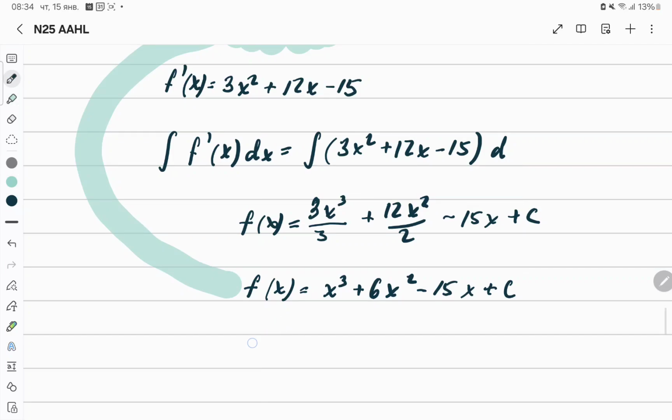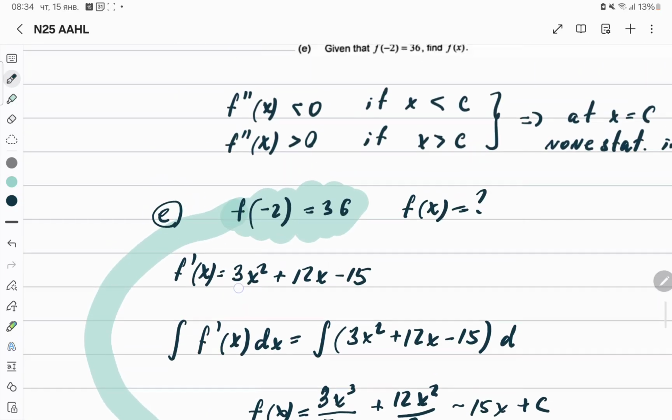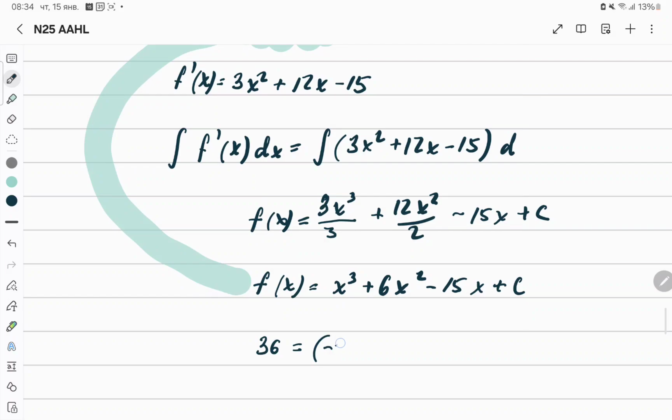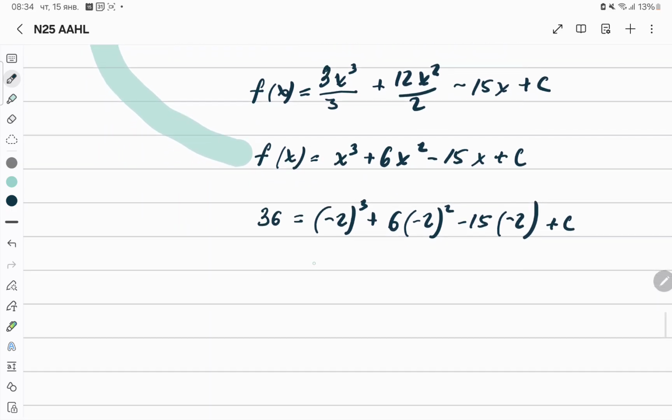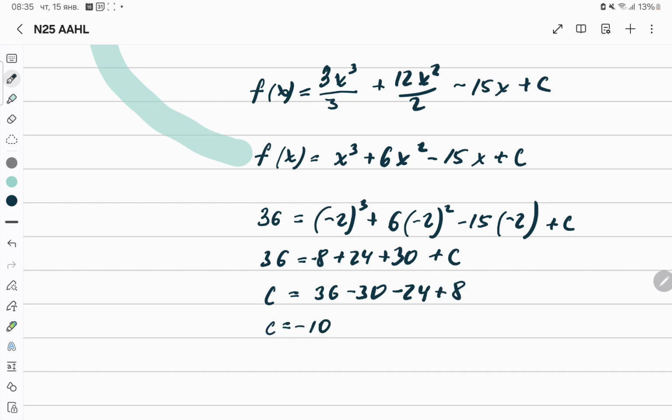So 36 is equal to, instead of x, we plug in negative 2: negative 2 cubed plus 6 times negative 2 squared minus 15 times negative 2 plus c. Let's calculate: 36 equals negative 8 plus 24 plus 30 plus c. So c is equal to 36 minus 30 minus 24 plus 8, which is negative 10.